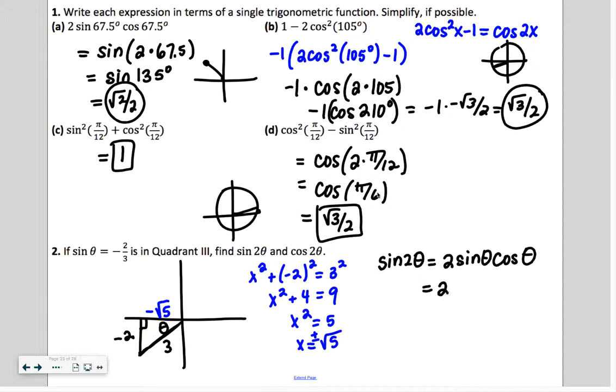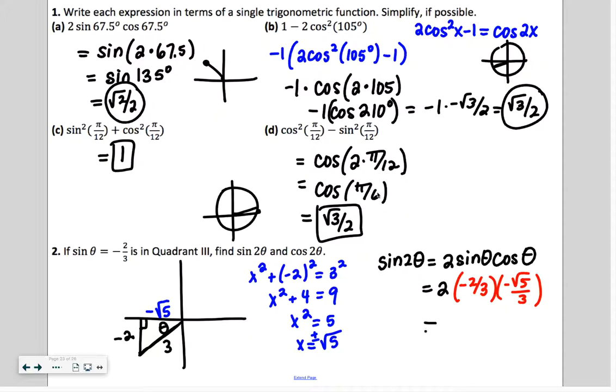And we can get that sine of theta and cosine of theta from our picture. Sine of theta is going to be opposite over hypotenuse, so it's negative 2/3. And then cosine of theta is going to be adjacent over hypotenuse, so it's negative root 5 over 3.